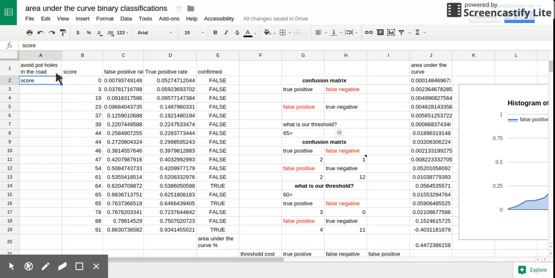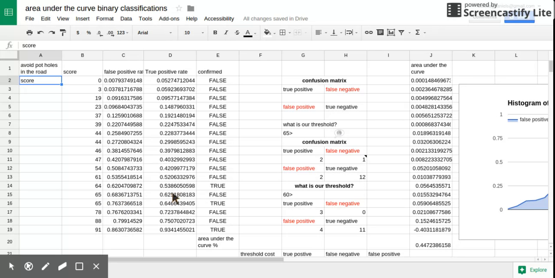Now, for example, these are the false positive and the true positive ratios or rate, and this has been generated by some other algorithm, and I need to set a threshold for when, for example, I'm a computer, I'm a robot driving in the car, and I want to determine whether or not my current score is going to prevent me from damaging the car.